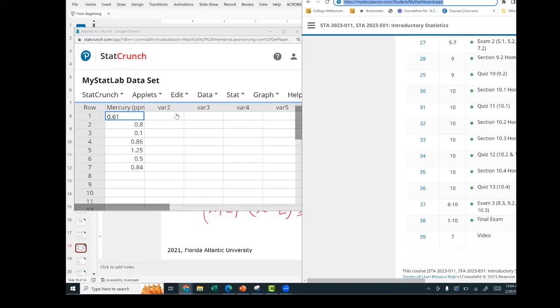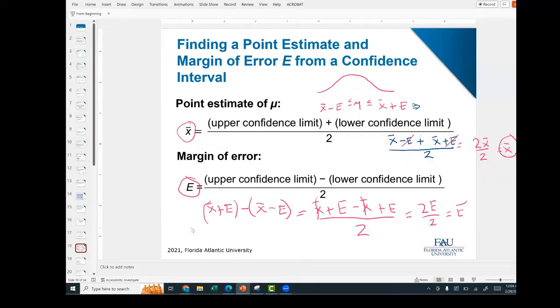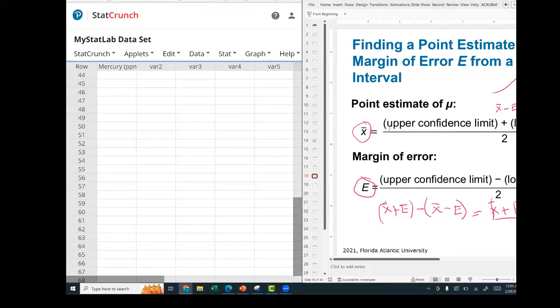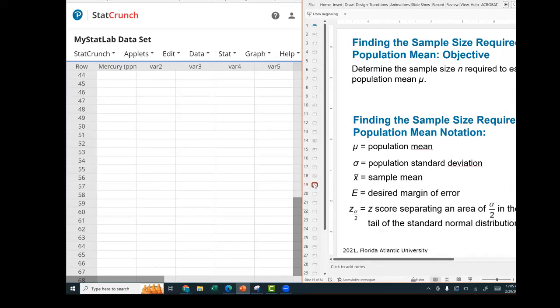Sorry, where's my mouse? Okay, here we go. Perfect. Okay, so we already went through this. Oh, that's right, never mind.